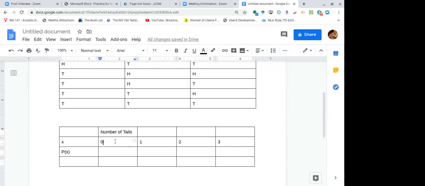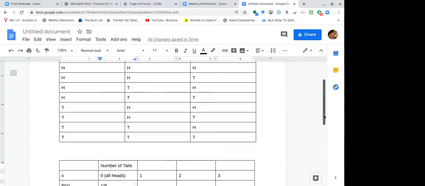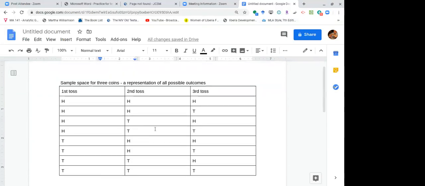This is the same thing as all heads, right? Mm-hmm. So all heads is that first row that you saw. So it's 1 out of 8, right? Mm-hmm. Then one head means the number of rows on which you see exactly one H. Well, there's one on row 4, HTT.